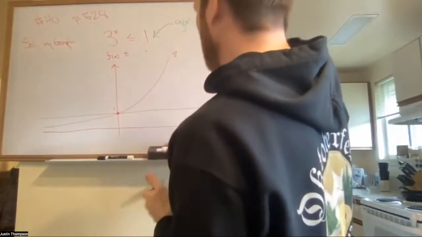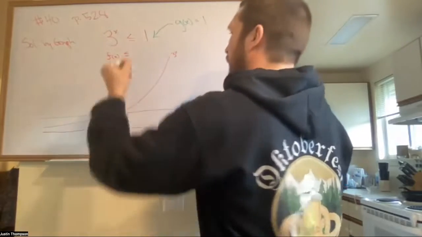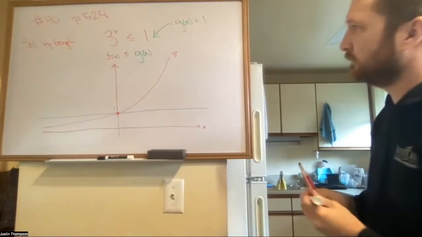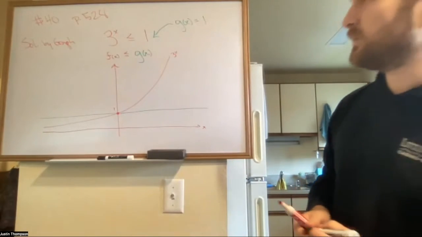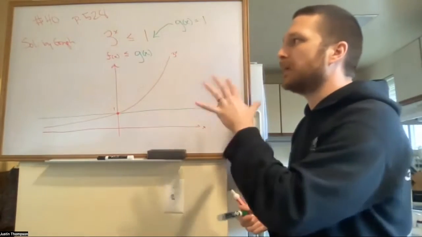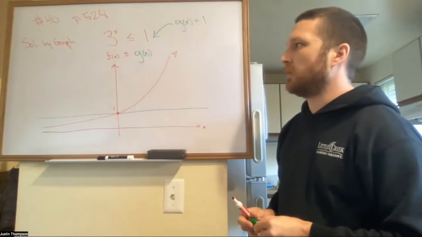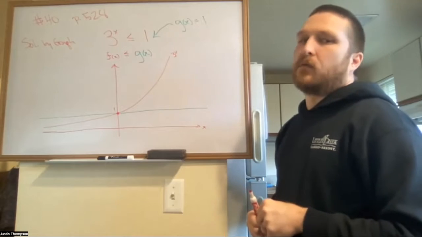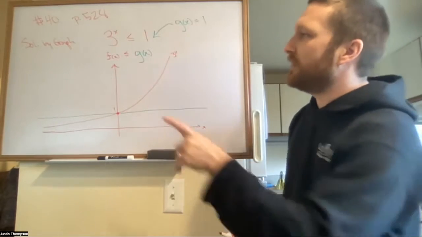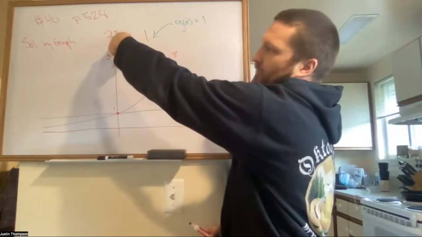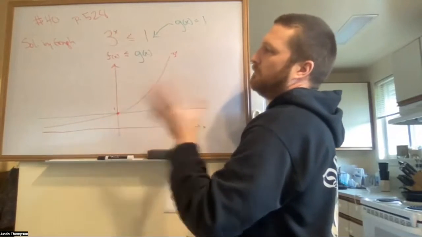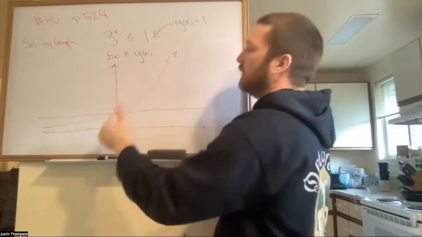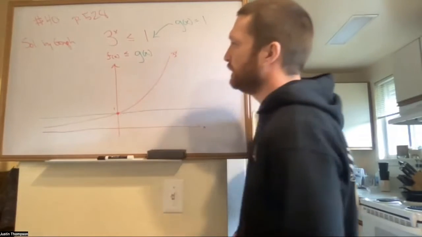And so it's asking us for what x values is the red function smaller than or equal to the green function. Okay. And so you tell me, what x values make this true? Yeah, we are looking for the input values of x which make the red function smaller than the green function.